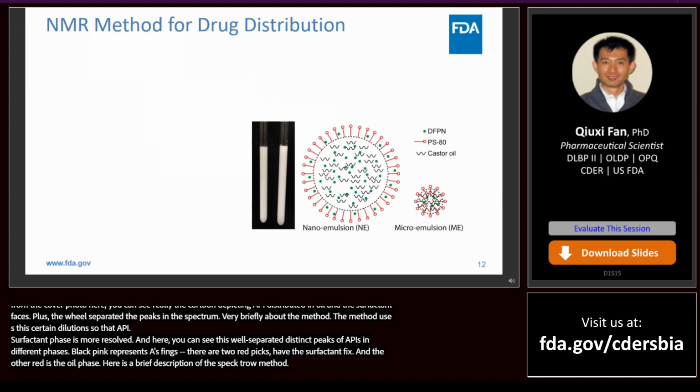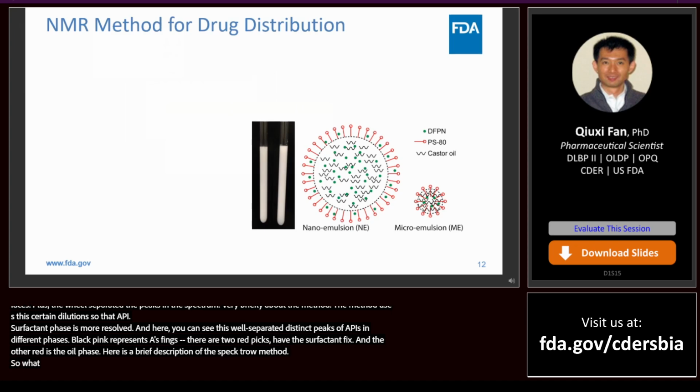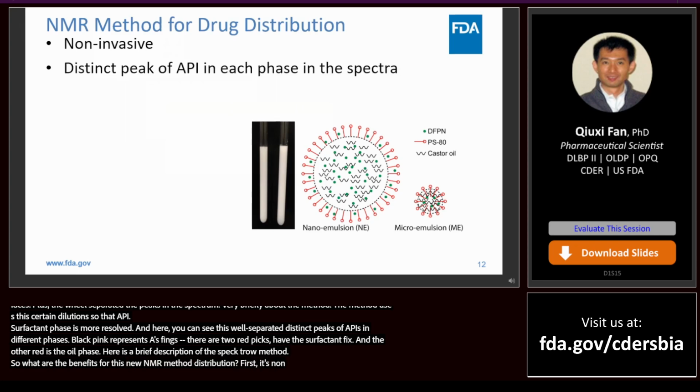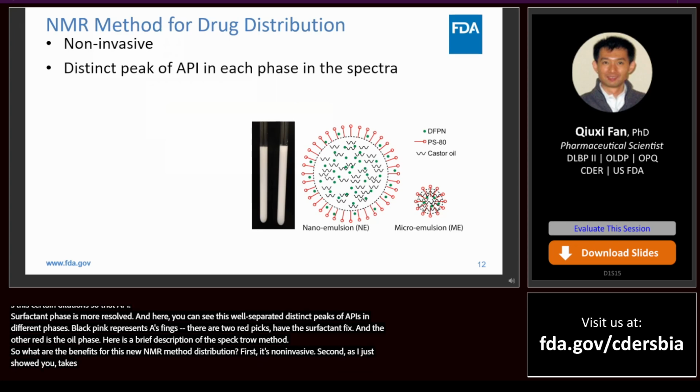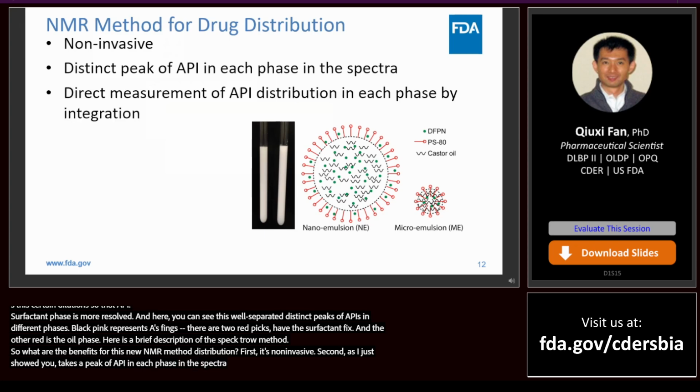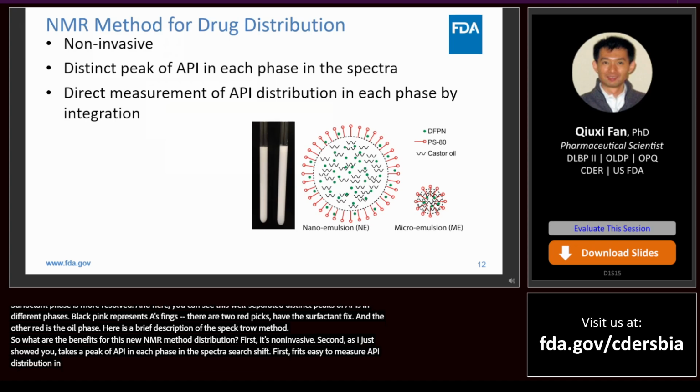So what are the benefits of this new NMR method for drug distribution? First, it's non-invasive. Second, as I just showed you, a distinct peak of API in each phase in the spectrum is achieved. Third, it's easy to measure API distribution in different phases by integration. How about the mass balance?